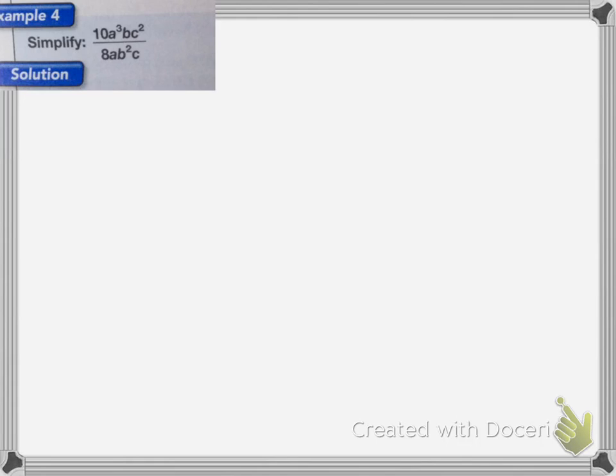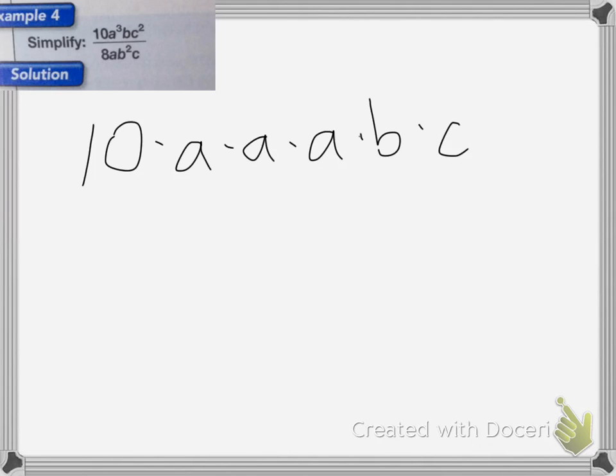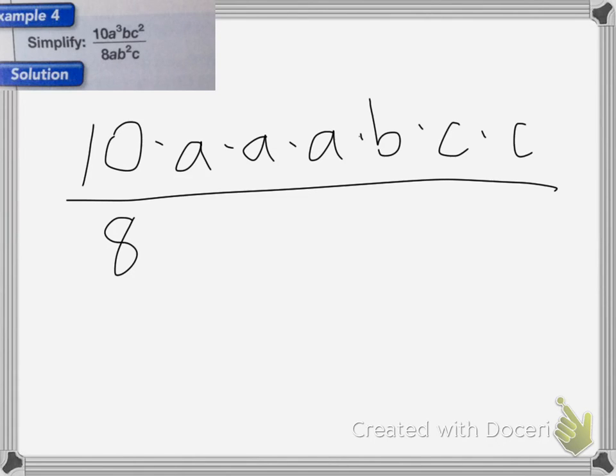Okay, this one, we have 10a cubed bc squared over 8ab squared c. So again, if I wrote that out, it would look like this: 8 times a times a times a times b times c over 8 times a times b times b times c.